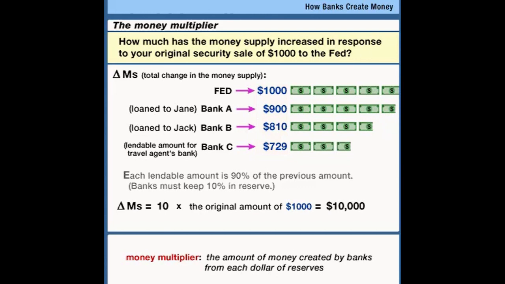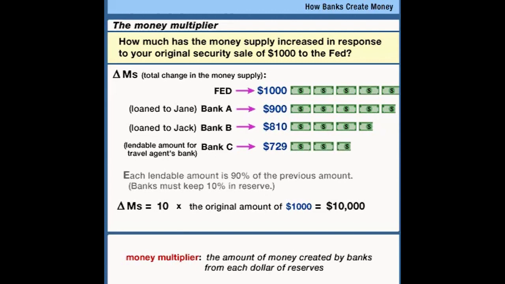But the easier way is we've got a geometric sequence here. The geometric sequence is the net change in the money supply is equal to 1,000 times 1, which came from the Fed, plus 90%, which was created by Bank A, plus 90% of 90%, or 81%, which was created by Bank B, and so forth.